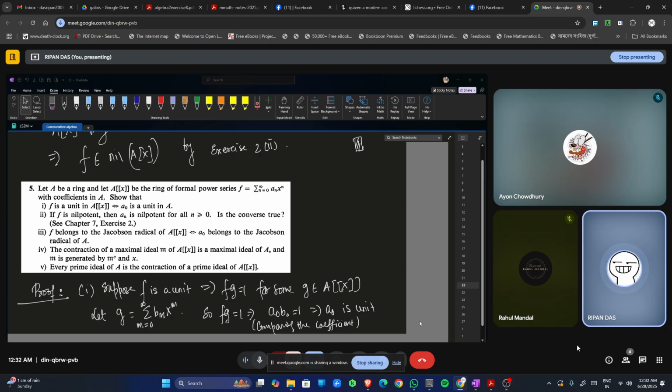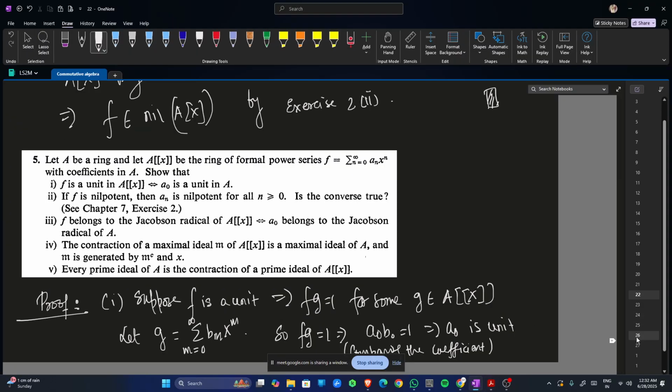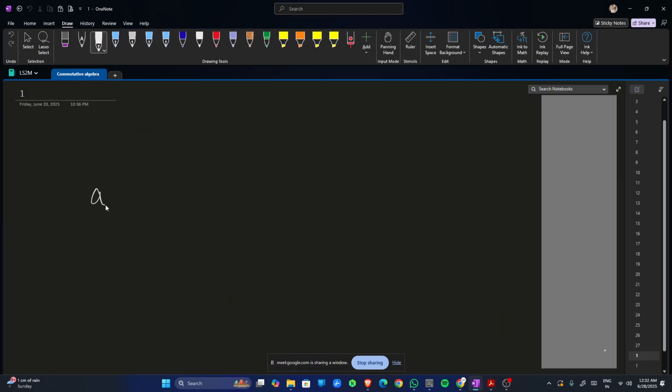By nilpotency I mean the smallest n for which a to the n is 0. Okay, let us discuss something. If a_n equals 0 for some n, then a_(n+k) equals 0 for all k greater than or equal to 0, right?